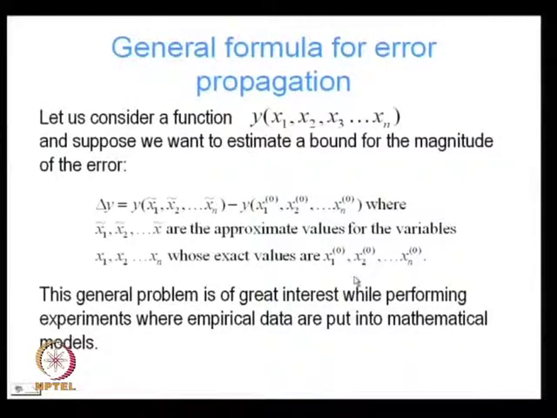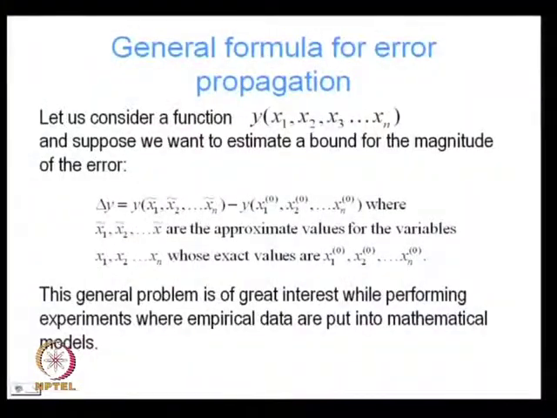Let us consider in general a function y which is a general function of x1, x2, x3 up to xn, and let us suppose we want to estimate a bound for the magnitude of the error. That is, we want to find out a bound on delta y, where delta y is y of x1 tilde, x2 tilde up to xn tilde minus y of x10, x20 up to xn0, where x1 tilde, x2 tilde, xn tilde are the approximate values for the variables, while x10, x20, xn0 are the exact values of the variables.